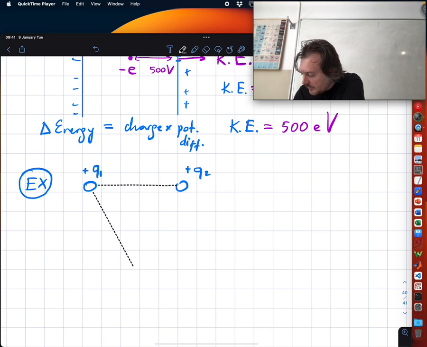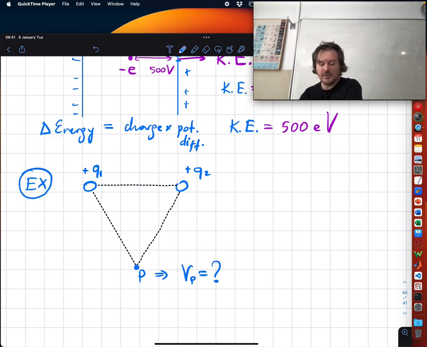So I have an equilateral triangle like this, and I'm wondering what is the potential at this point P due to these two charges. This distance is d. So how would you find the potential over there? I would first calculate the individual potentials and add them up scalarly.